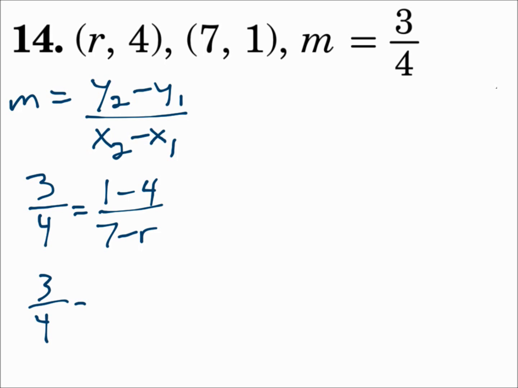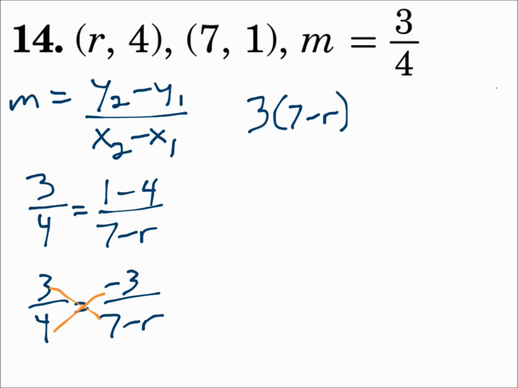Simplify a little bit. 1 minus 4 is negative 3. Then cross multiply. 3 times (7 minus r) equals 4 times negative 3.